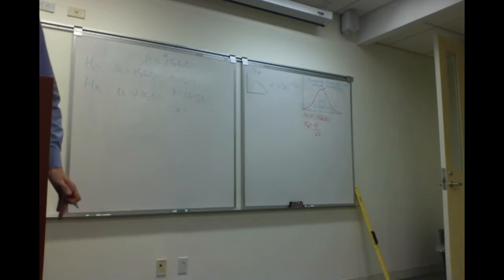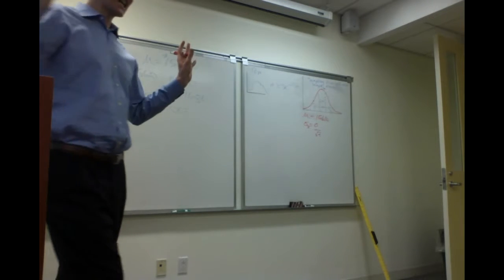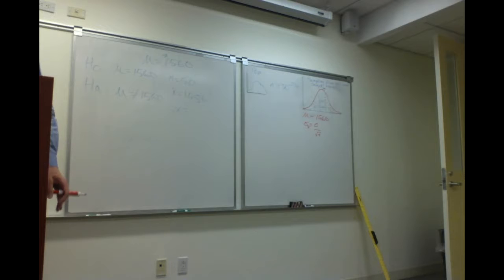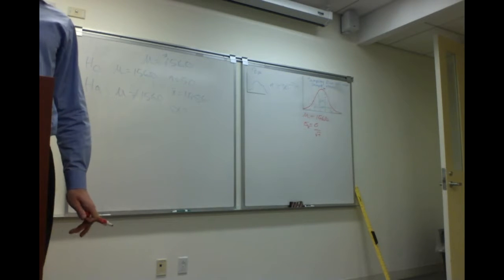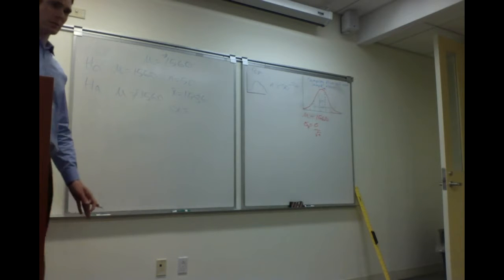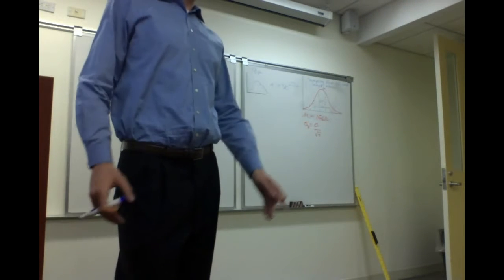So let me read you what we mean by the definition of significance level. Significance level is the probability value that defines what we mean by unlikely, given a true null hypothesis. If you want to jot it down, it's also in your textbook. And we'll just make sure we're comfortable with that before we move on.